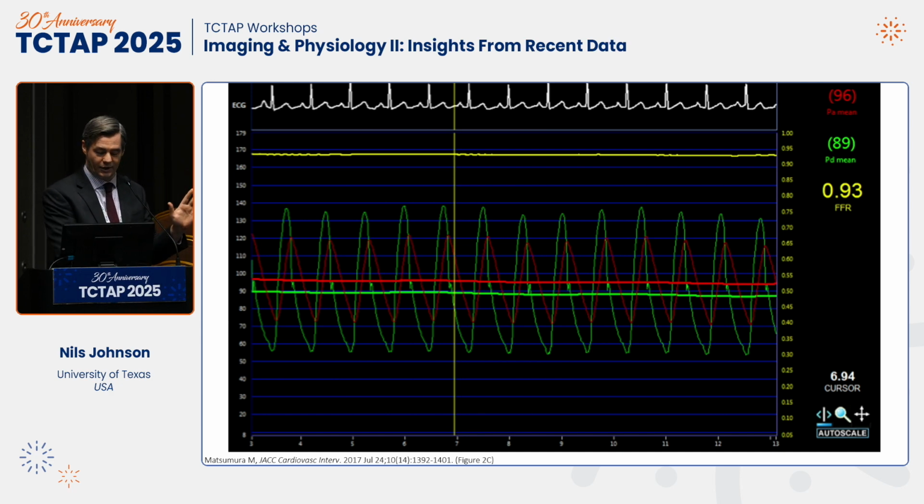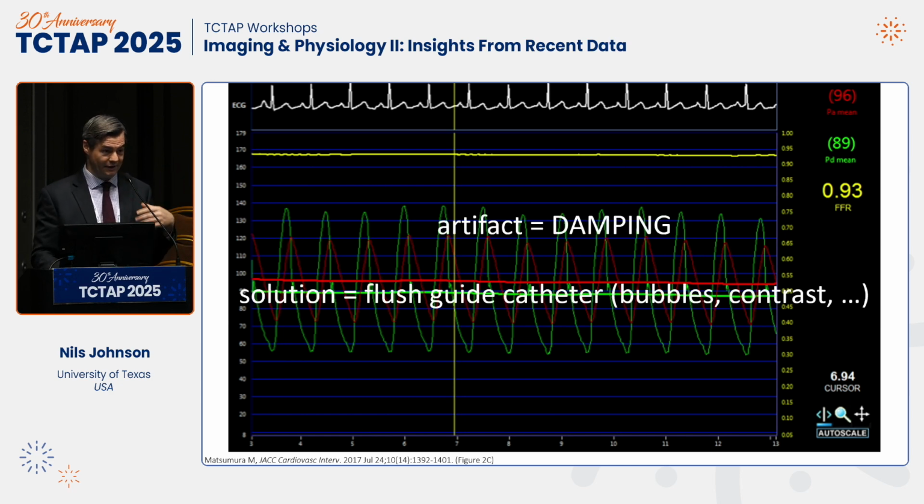There's no dicrotic notch. There's no nice gentle fall during diastole. In fact, it looks like a sawtooth. And the reason that happens is that there's material in the guide that's damping the pressure. Eventually, if this went to the extreme, you wouldn't see any phasic tracing anymore. You just see the single average pressure. And this is because you've had some material in the guide catheter that needs to be flushed out.